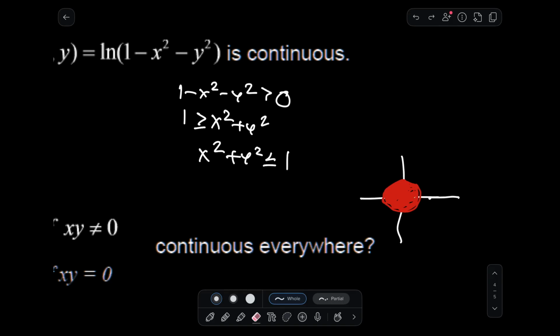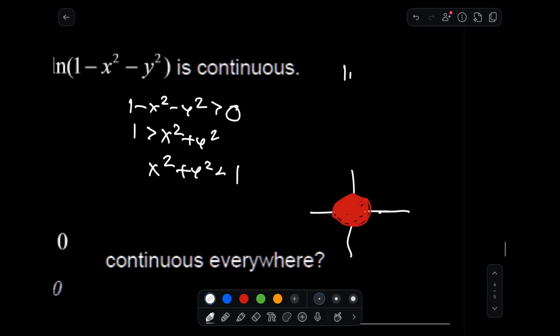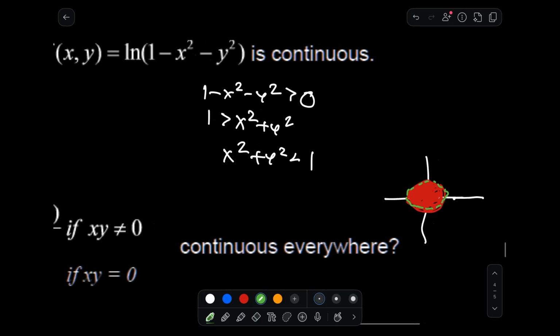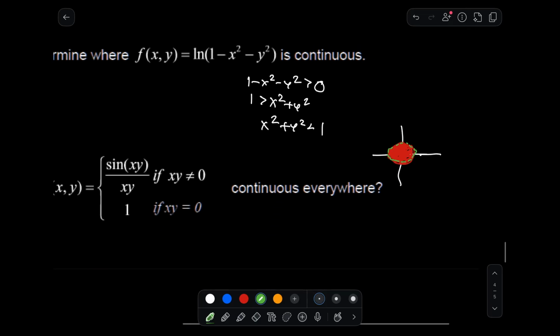Because ln of 0 isn't defined, even though you can say that's negative infinity. Technically, mathematically, we don't have a value for that either, so be a little bit wary of that, and I'll just draw these green dots around it to clarify that.